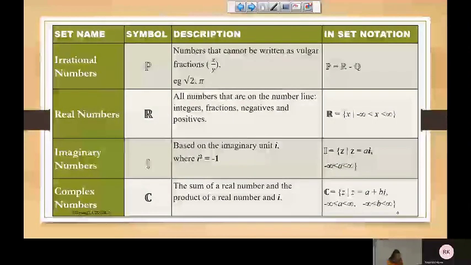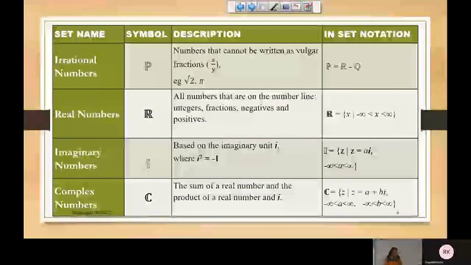Defining irrational numbers in set notation is a bit more complex if we're going to use specific members. So it's easier to just say the set P is all real numbers, the set R, minus rational numbers, the set Q. So anything that is not in Q but is in R is what defines P. That's what we mean when we're writing it in set notation.